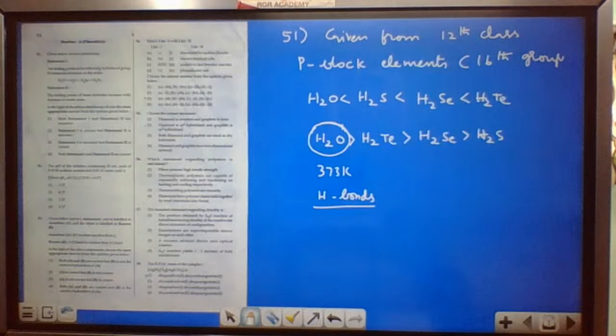And the second statement, what is that second statement? The boiling point of these hydrides increases with increase in molecular mass, or we can say molar mass. So that is also wrong.